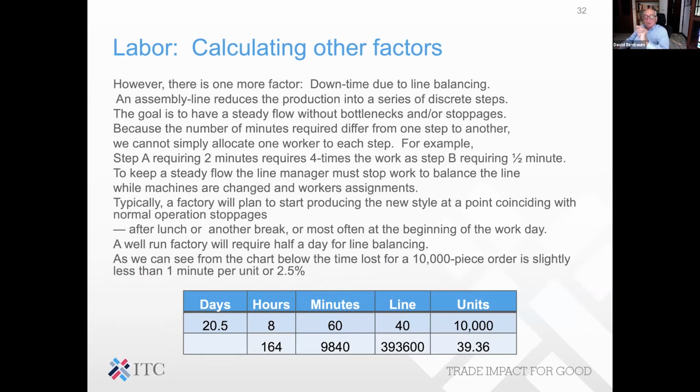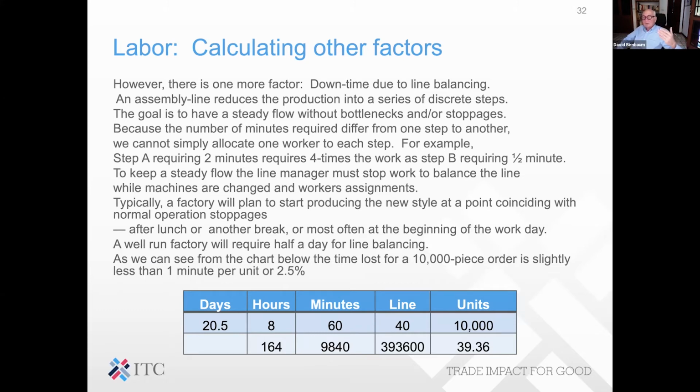The most important of which is downtime because of line balancing. Line balancing is very important because there might be 20 different steps in the operation. If you want a smooth operation, you don't want bottlenecks, and you don't want part of the factory overloaded and part of the factory without enough work.